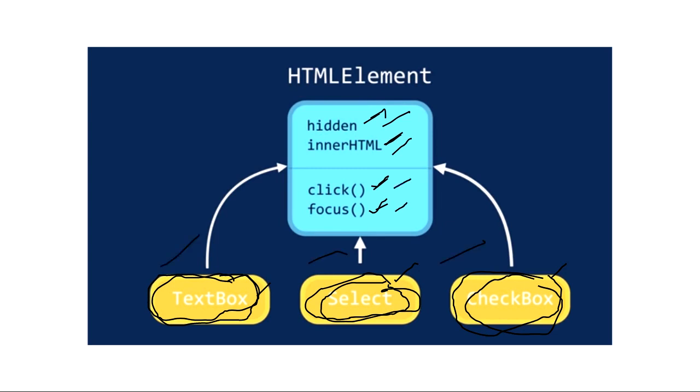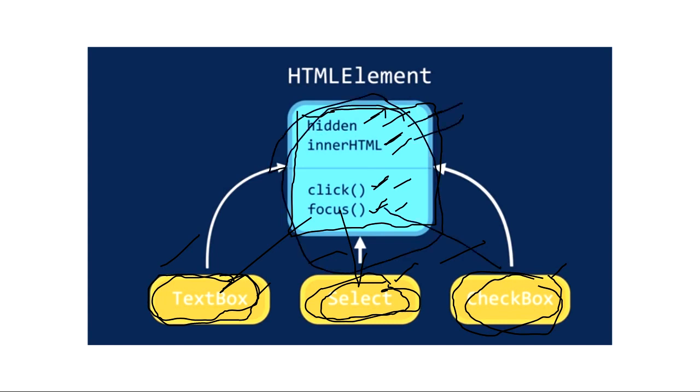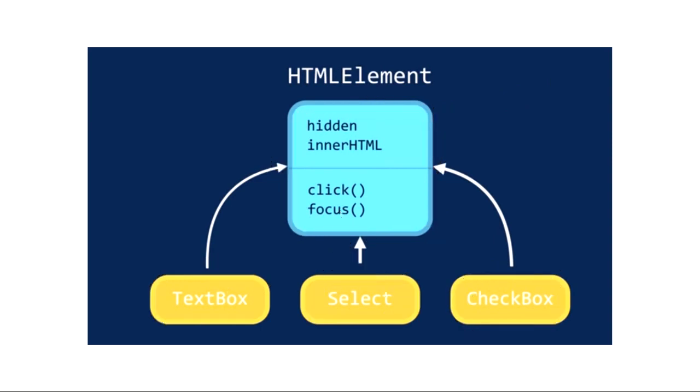So what is the best thing you can do? You can write whatever code you need in one class and you inherit everything from that. So suppose this code is 50,000 lines, you have to write these 50,000 lines only once, and you can directly call them in all these three functions, in the text box, the select, and the checkbox. If this was not there, you would have to write 50,000 lines in the text box, and again 50,000 lines here.